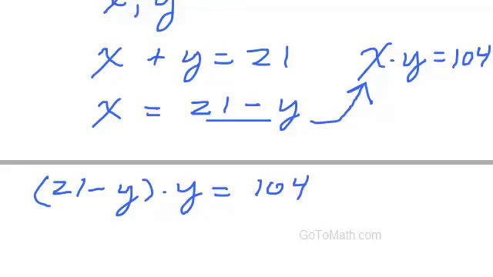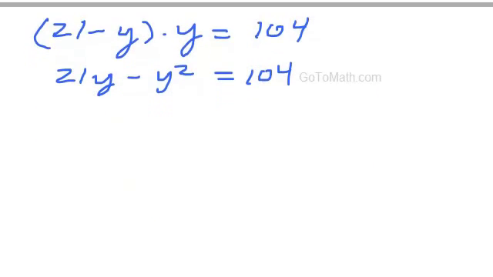And now what we'll want to do is get this thing into the standard form. So distributing this y across, we have 21y minus y squared is equal to 104. Okay, let's go ahead and take these two terms over to the right hand side.